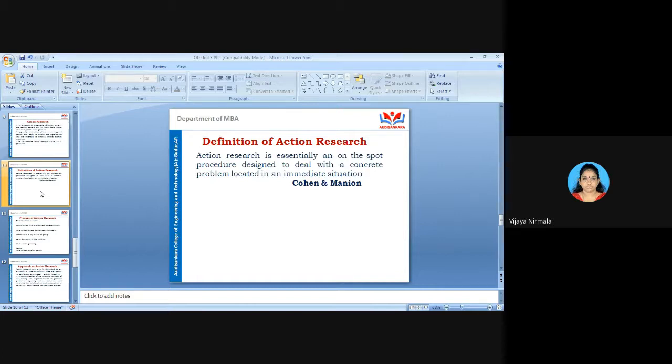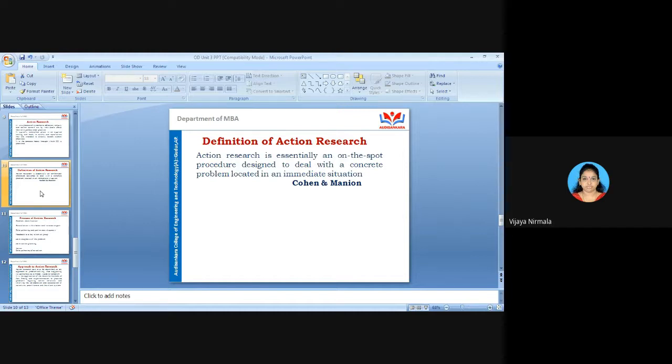And there are also some other definitions. According to Bassi, action research is an inquiry which is carried out in order to understand, evaluate, and then change, in order to improve educational practices. That is, in order to improve the educational practices, you require a change.